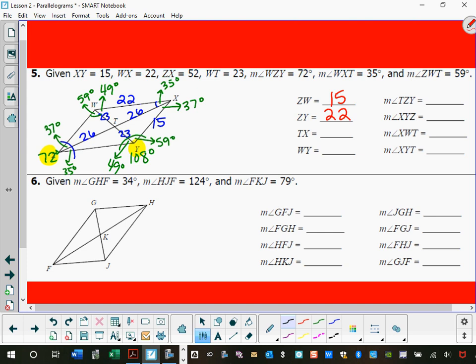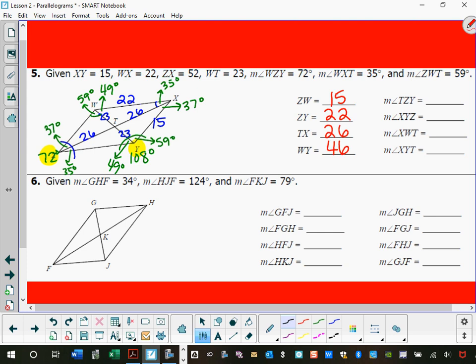TX would be 26. We already wrote that in. WY, 23 plus 23, 46. And those are my sides.